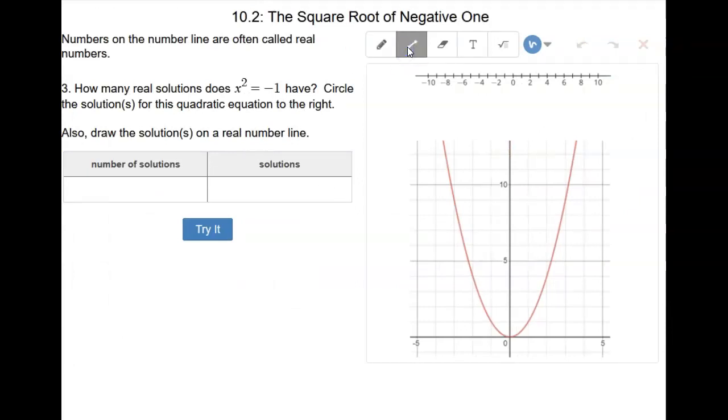Well, again, we're going to take our straight line and we're going to draw it through -1, but you can see that this line does not intersect this parabola in any locations. So to us, it looks like there are actually no solutions. And there's no way for me to draw that on the number line because there's no solution.